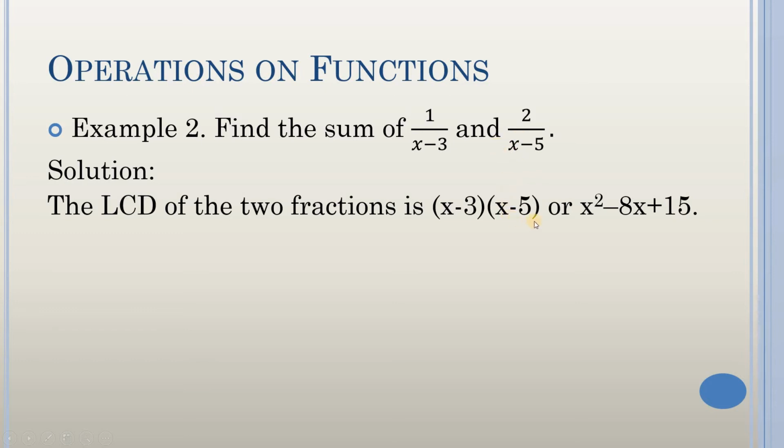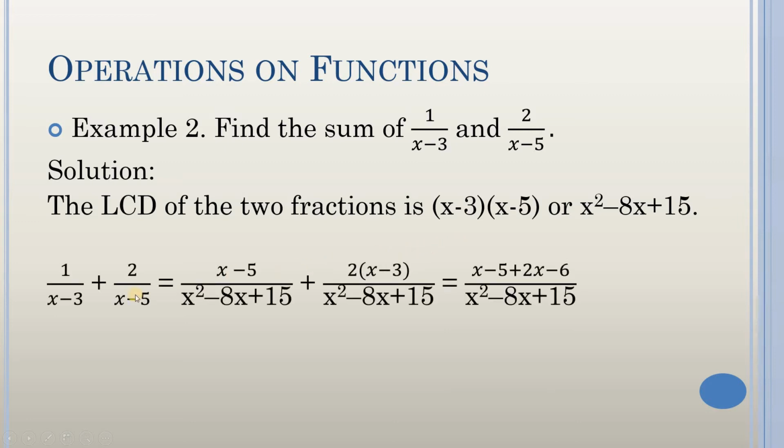To find the LCD, we get the product of the two denominators, x minus 3 and x minus 5, so we have x squared minus 8x plus 15.